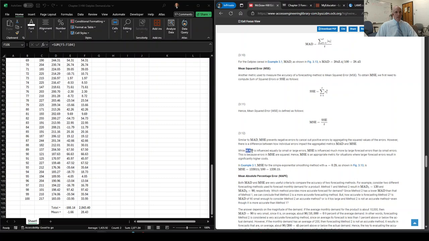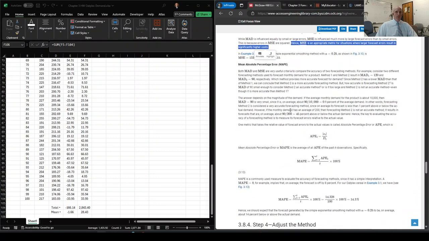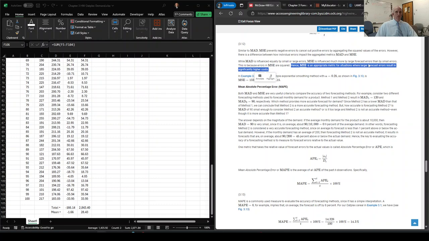While the mean absolute deviation is influenced equally by small or large errors, the MSE, mean squared error, is influenced much more by large forecast errors than by small errors. This is because errors in MSE are squared. Hence, MSE is an appropriate metric for situations where larger forecast errors result in significantly higher costs. Okay, this is one we'll come back to in some other problems that we'll see.